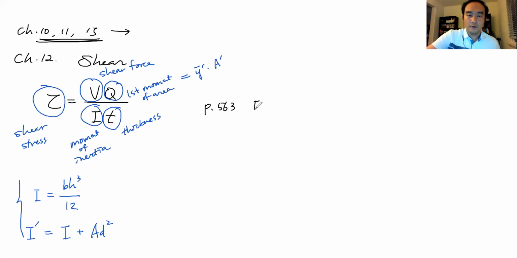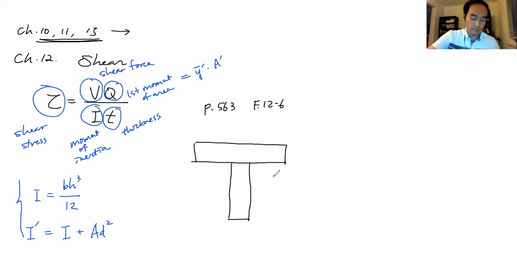Let's say here we have a T-shaped section. It looks something like this. And let's say we'd like to find the shear stress at this level.